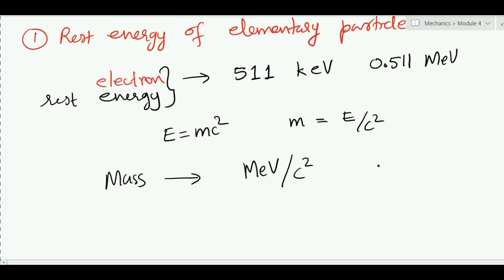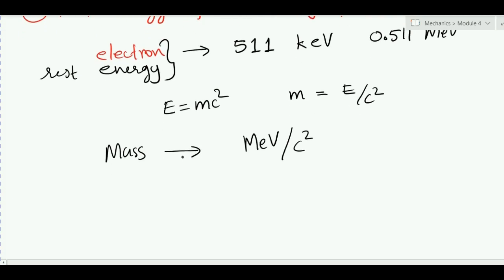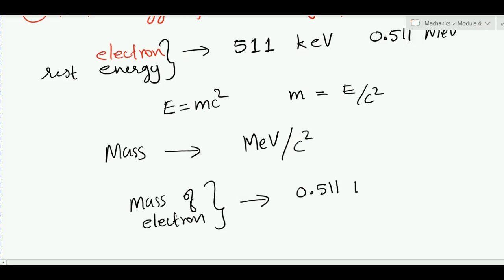Now if we write the mass of electron in terms of MeV per c square, the mass of electron is going to be again 0.511 MeV per c square.